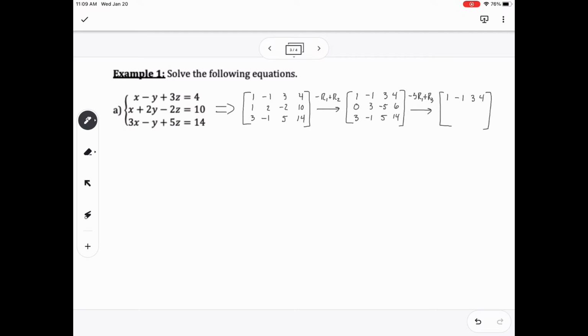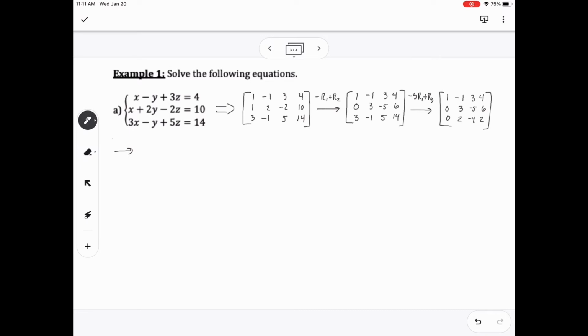It's like what we do when we're using elimination. We're creating a new equation, and that new equation is written in row 2. That's how I got 0, 3, -5, 6 for the second row.